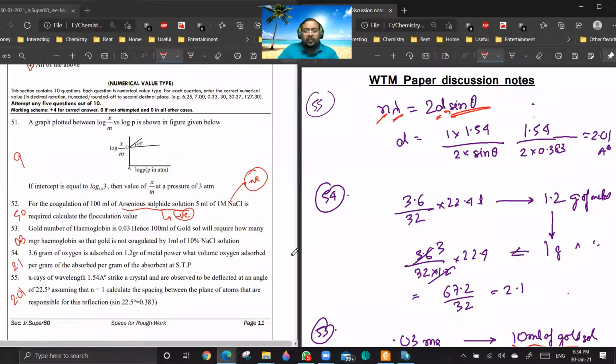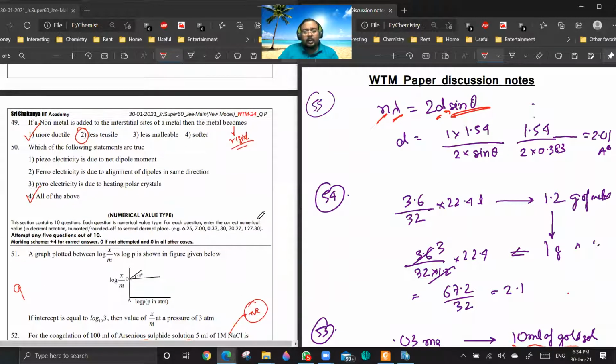Anyone have doubts in 51 also? No, sir. Okay, so 49, 50. In 49, metals are basically ductile and malleable. This means they can undergo plastic deformation without fracture.